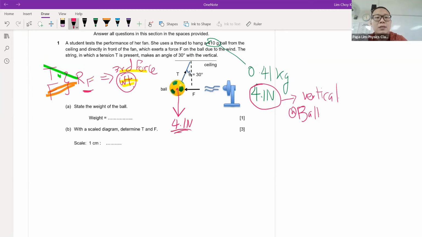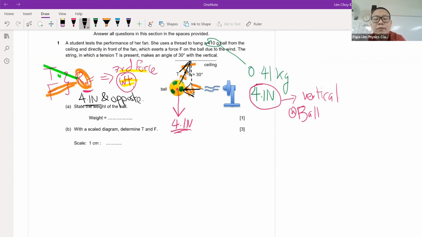This weight force is going to be balanced, it's going to be carried by the resultant force of T and F. So the magnitude of the resultant force of T and F will be the same, 4.1 Newton, and it will always be in the opposite direction compared to the third force, which is the weight.